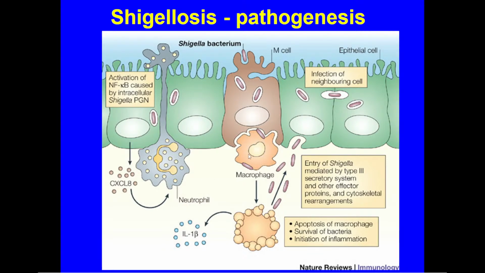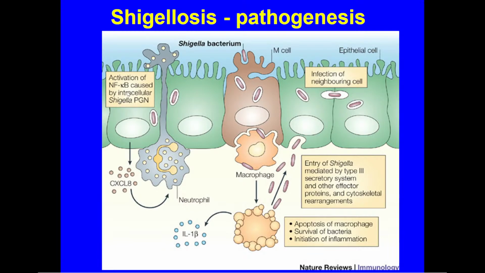Usually macrophages engulf them, but macrophages cannot kill them. They may survive in macrophages and cause apoptosis of macrophages and initiation of inflammation.